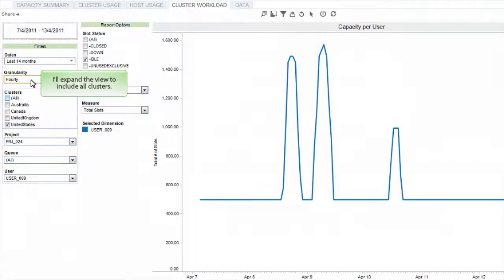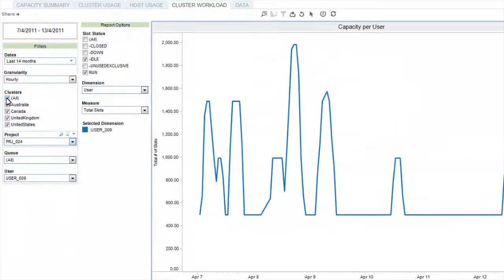I'll expand the view again to include all clusters. The change in the chart shows that this user must be using resources on other clusters as well.